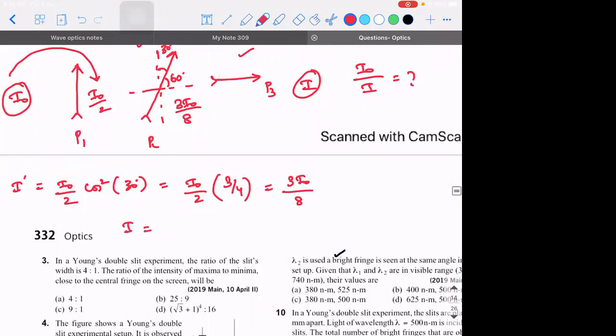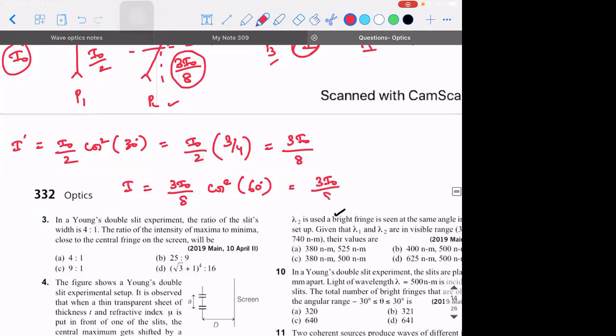Now the intensity of the light coming out from here will be equal to the intensity of the previously polarized light, that is 3 I0 divided by 8, into cos square of the angle between the pass axis of P2 and P3. That is 60. Did you understand why I took 3 I0 by 8? Yes, sir. Whatever intensity you are multiplying with cos square theta should be the intensity of the light on the left of the polarizer.